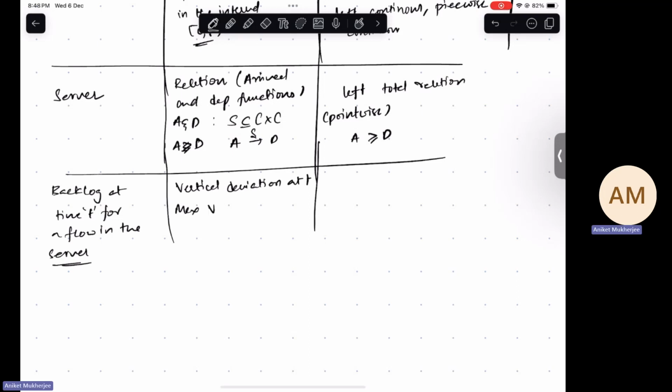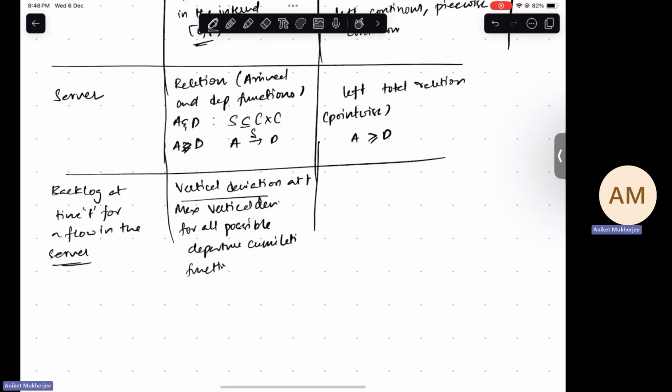You have the maximal vertical deviation, and for all possible departure cumulative functions.